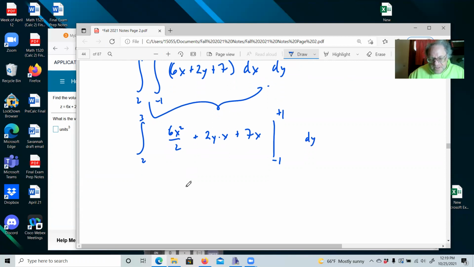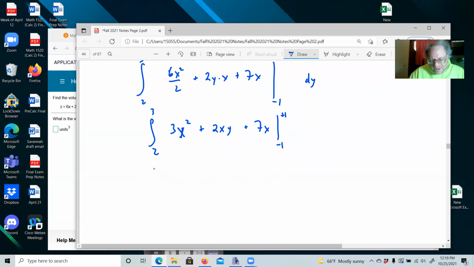Okay, so here we go. We have 2 to 3 of 3x squared plus 2xy plus 7x, from -1 to +1, evaluated at x equals 1.